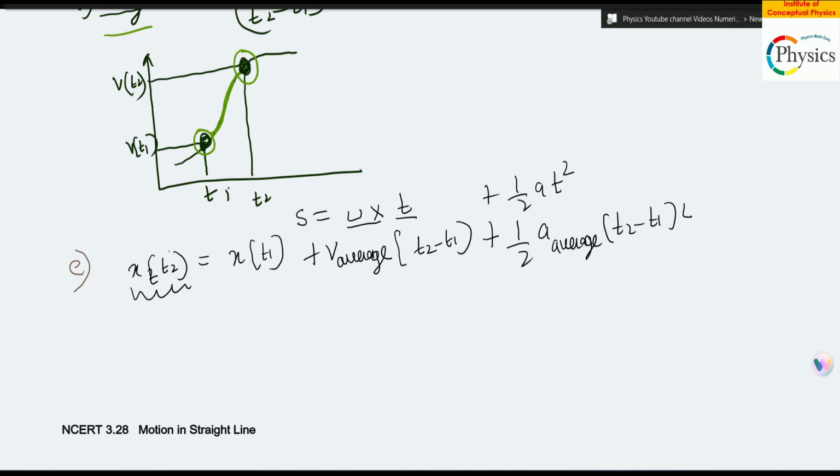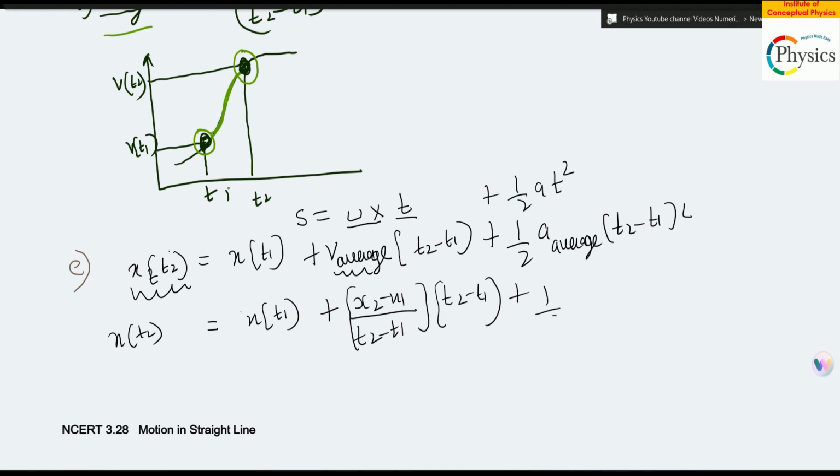Now, if I were to write V average, let me just do it algebraically. I will give you more explanations. This is X final position. Then this is the initial position plus X2 minus X1 divided by T2 minus T1, plus half A average, V2 minus V1 upon T2 minus T1, into T2 minus T1 whole square.